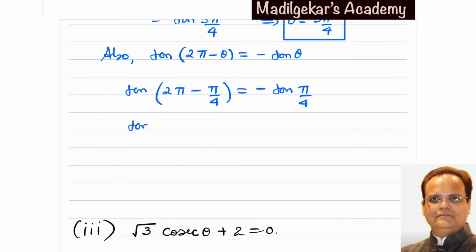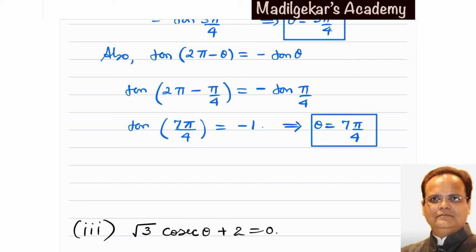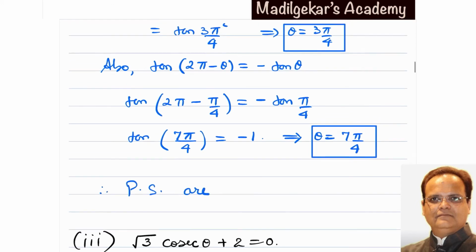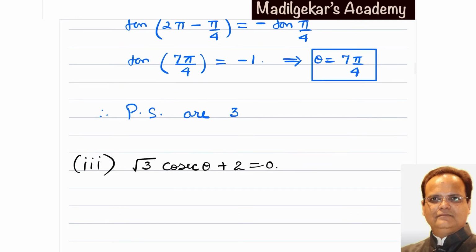That is tan of 7 pi by 4 equals minus 1. So the second value of theta satisfying the given equation is theta equals 7 pi by 4. Means the principal solutions are 3 pi by 4 and 7 pi by 4.